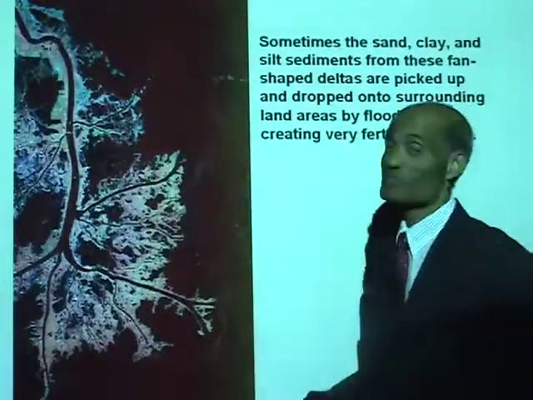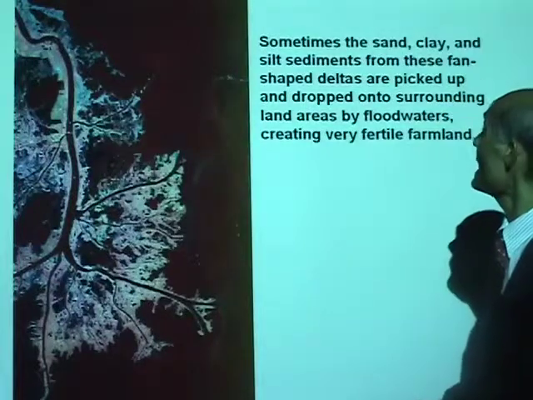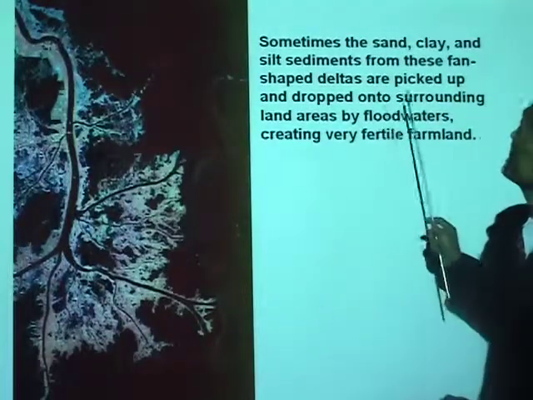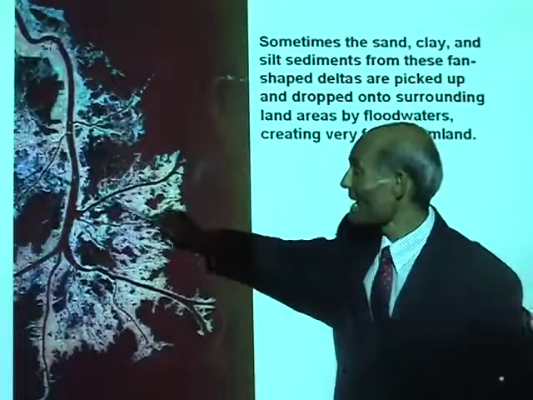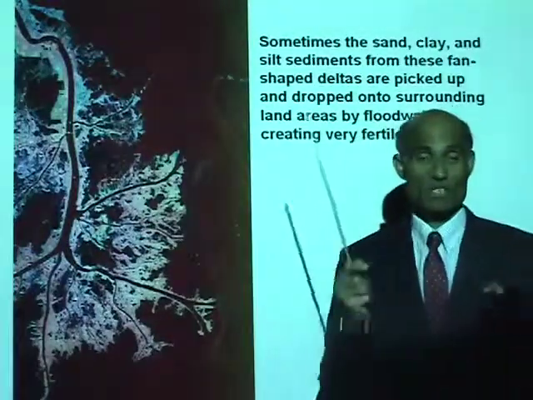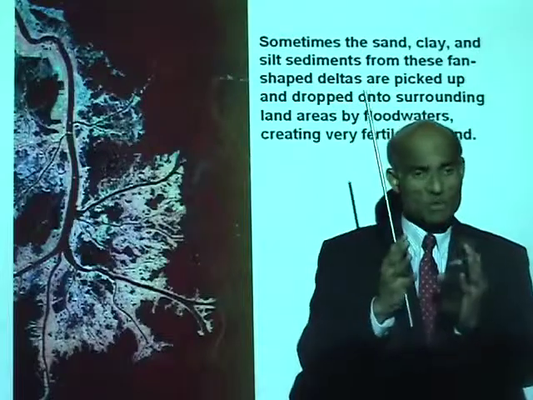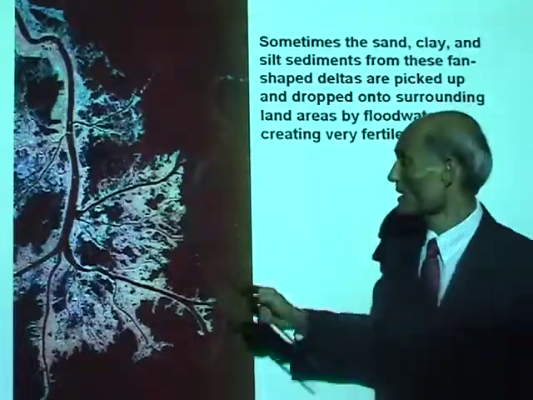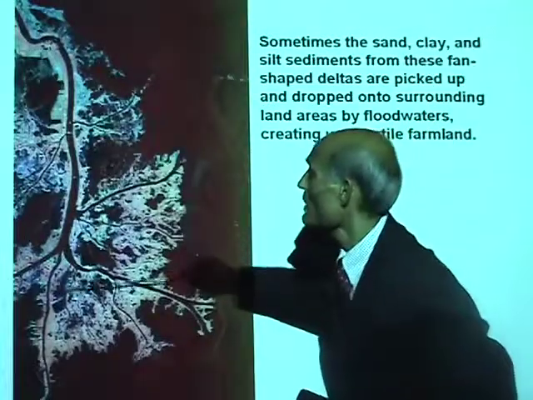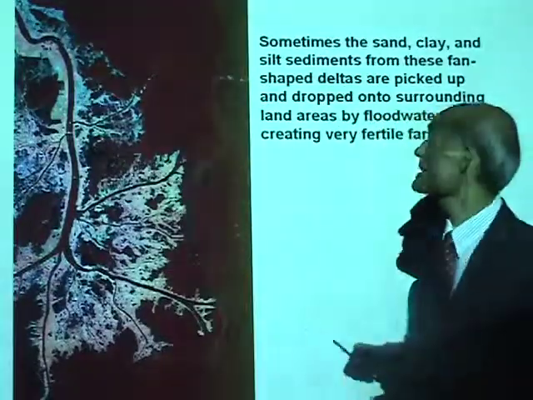Now, sometimes the sand, clay, and silt sediments form these fan-shaped deltas. The delta is like a fan shape because the water, as it splits into many pieces and maybe joining with the sea, all these areas will have the deposits built up there.